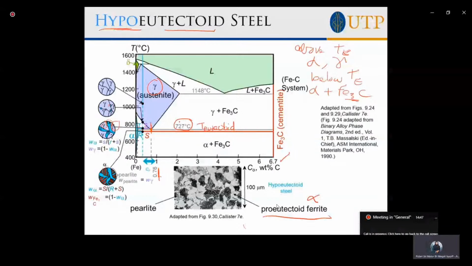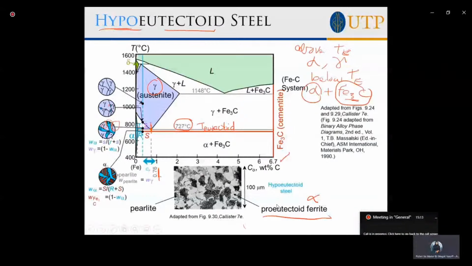So you can read the composition based on the tie line. You can find how much alpha you form and how much cementite you form by the tie line. If you notice, you are closer to alpha, therefore you're going to have more alpha compared to cementite. That's the rule of thumb.